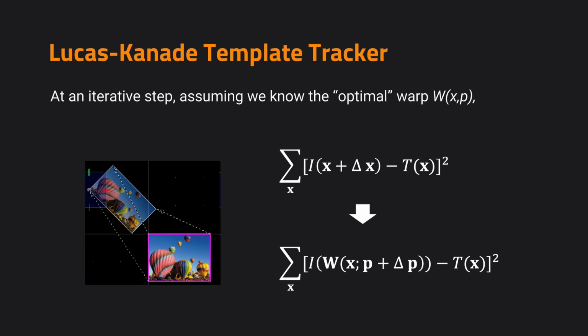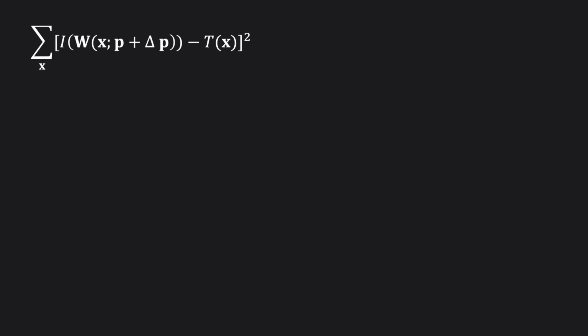In the original setup, this squared term is the difference between the warped source image and the target image, and it's still the same in our new setup. The only difference is that instead of updating the coordinates, now we are updating the warping parameters. Now let's see what we can get with this new formulation.